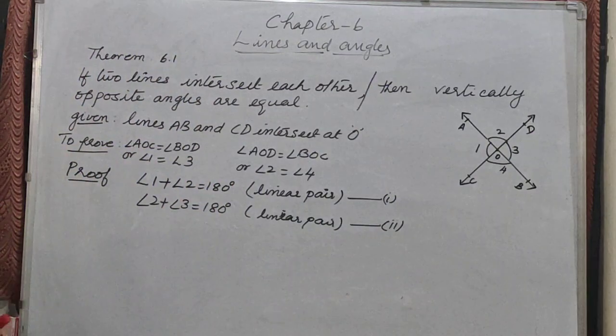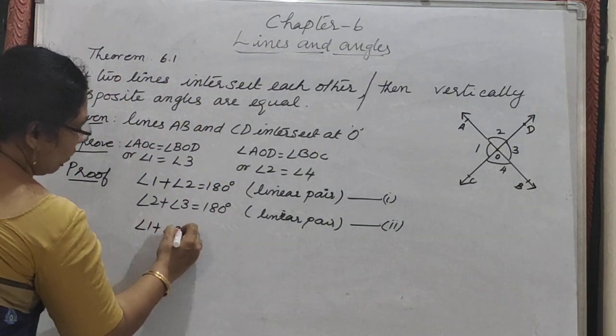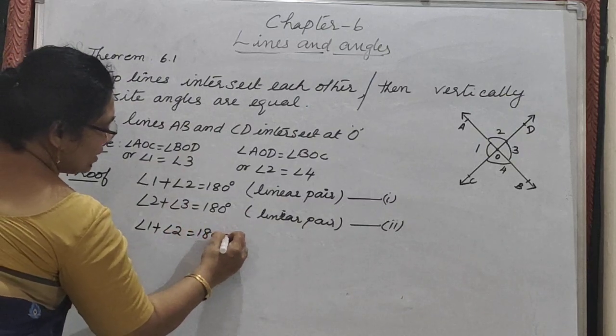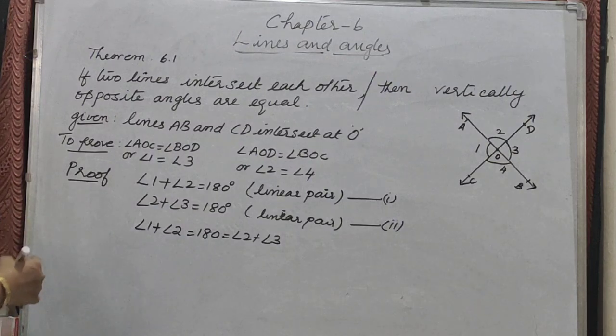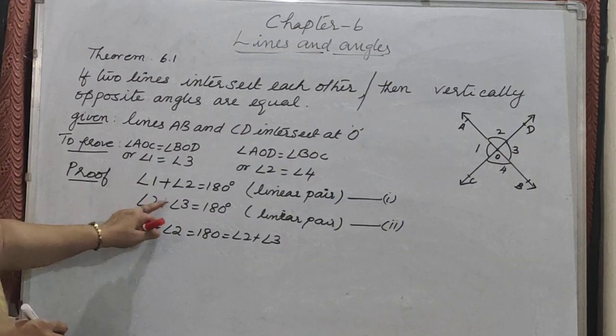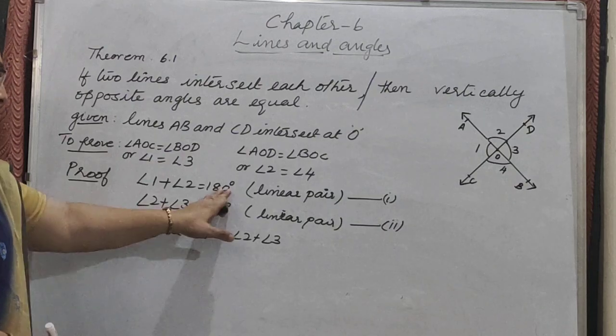Now from 1 and 2, what can you write? Angle 1 plus 2 equal to 180, which is equal to 2 plus 3. You have studied this in Euclid's axiom: things which are equal to the same thing are equal to one another. It means that both are equal to 180.